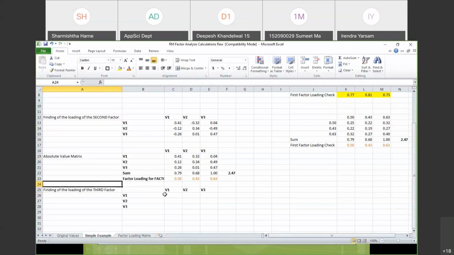But we are not taking this. We are taking the original with negative values, minus this one.